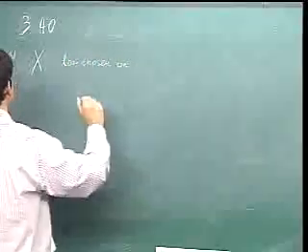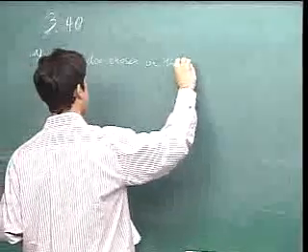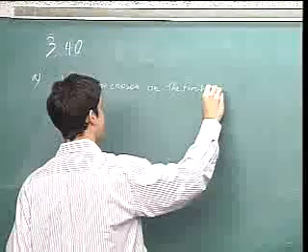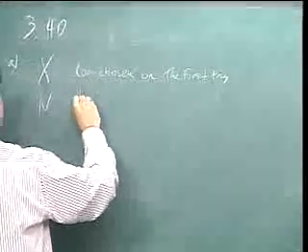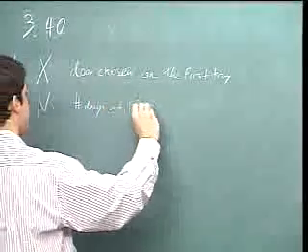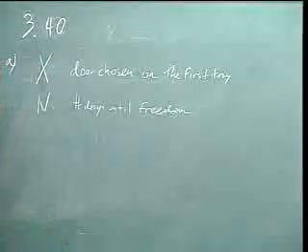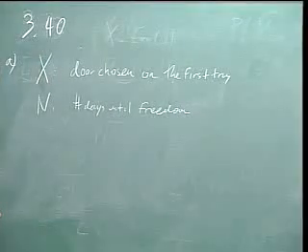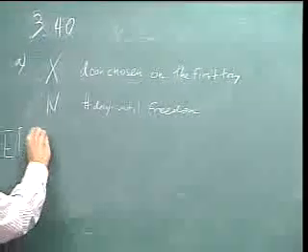So let x be a random variable denoting the door that's chosen on the first try, and let n be the number of days until freedom. Let's see.